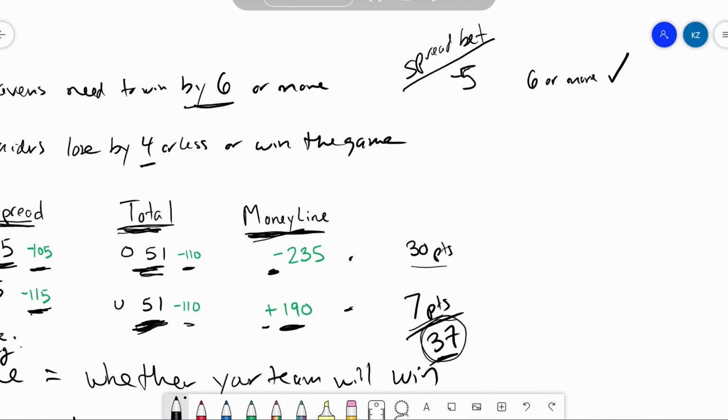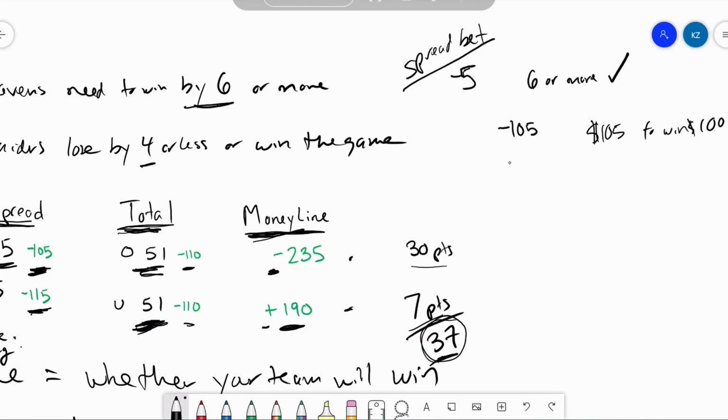Okay, but how much do we bet? If you see the green here, those are the odds. So that's -105. To do a quick reference for you, what this pretty much means is that you would have to bet $105 to win $100.